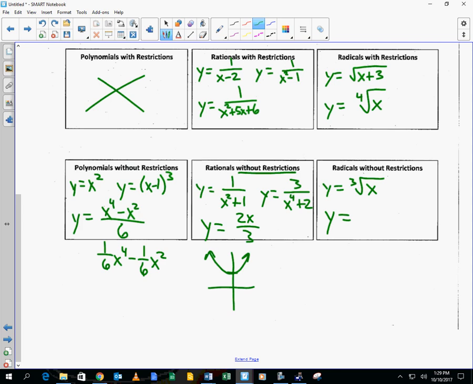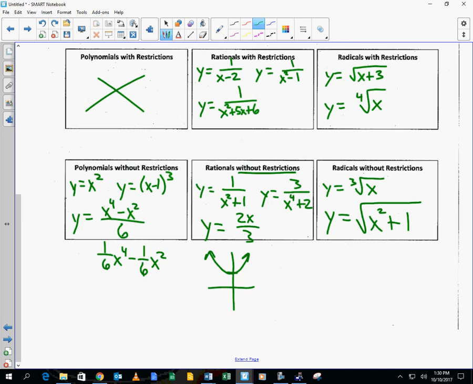Now, I'm going to make you angry here, but I'm going to put a square root down here without restrictions. And inside, I'm going to put x squared plus 1. Well, can x squared plus 1 ever be negative? It's always positive. So even though it's a square root, this is going to be okay.